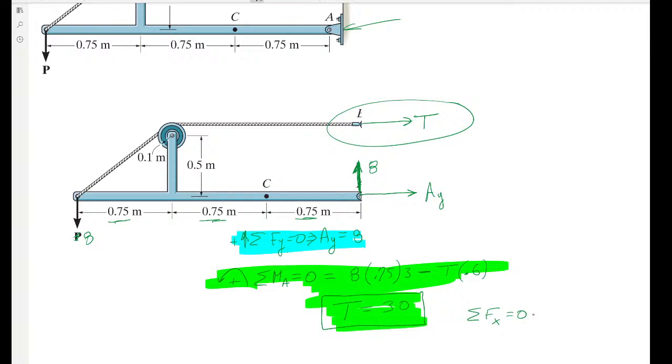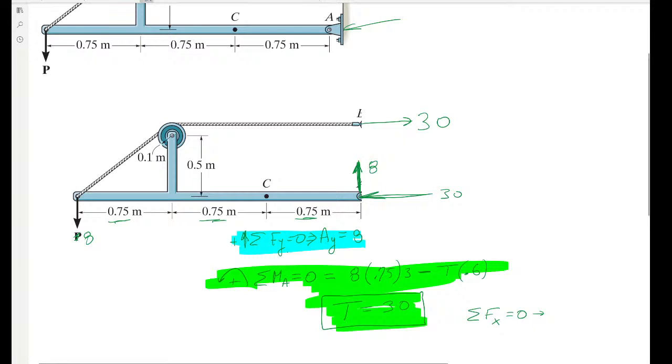Sum of the forces in the X would tend to yield that this is actually in the opposite direction and its value would be 30. I didn't even finish writing that. So now I think he wanted to know the internal loads here on C.